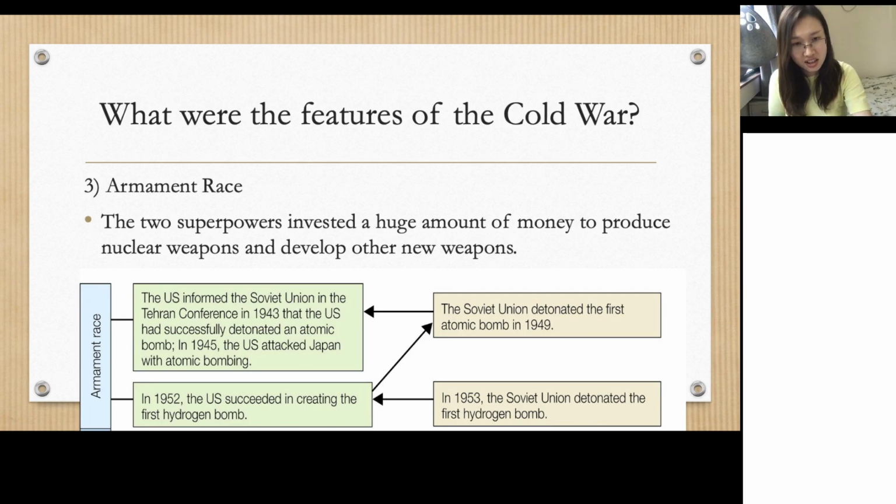But after this, in response, the US succeeded in creating the first hydrogen bomb in 1952. And just a year later, the Soviet Union tried to catch up and also had their first hydrogen bomb. So these are the tensions created by the armament race during that time.